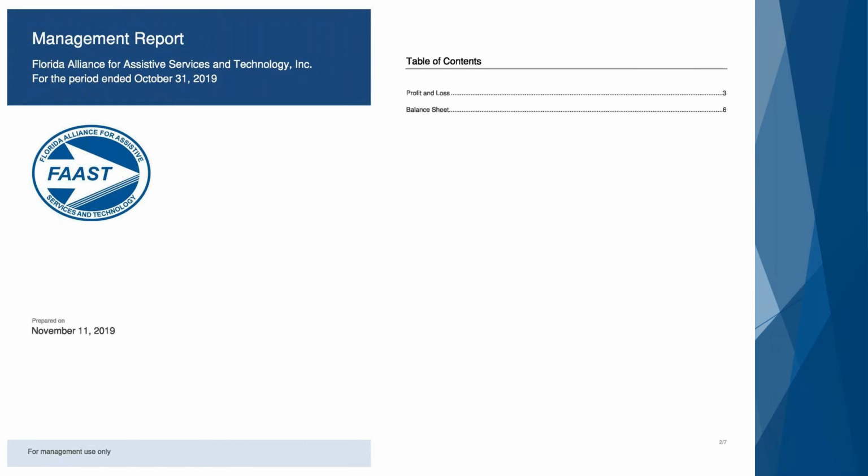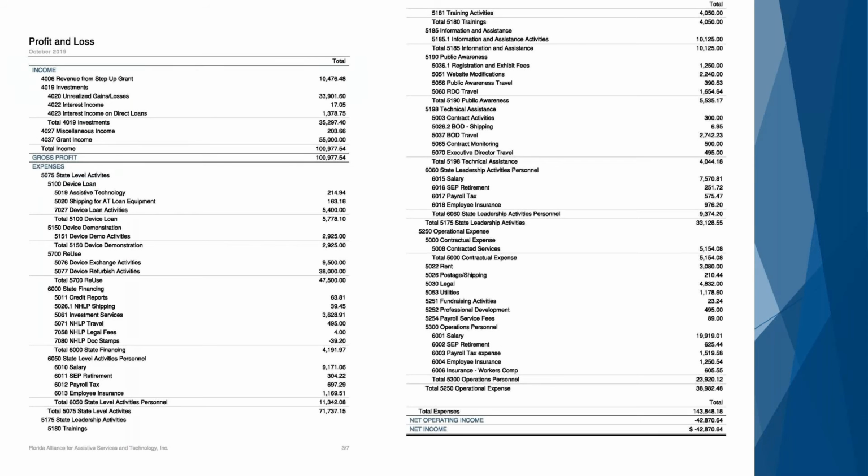But this is how it looks. It's called the management report in QuickBooks. Here you see the profit and loss, and you will see under investments, under income, the unrealized gains and losses. So that kind of throws off our income because it's not really actualized. It's just what's in the account that we have not drawn down or made funding off of.